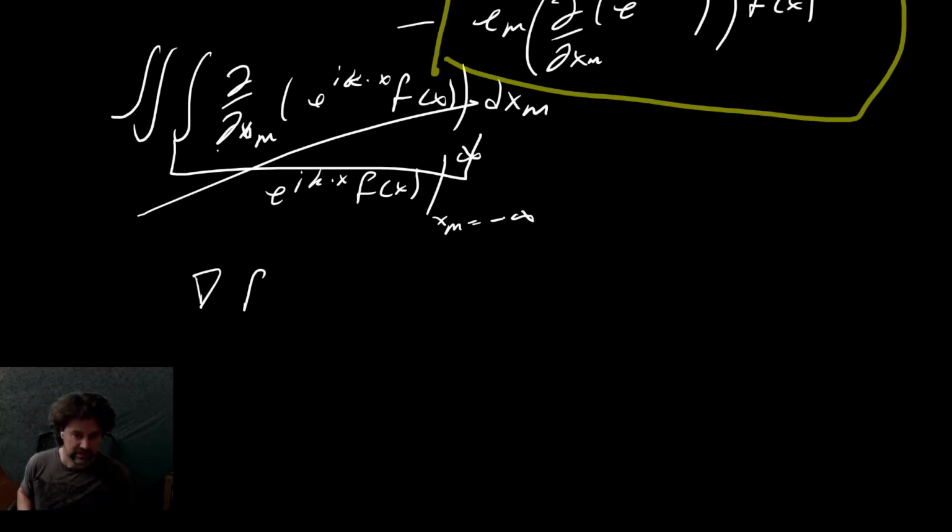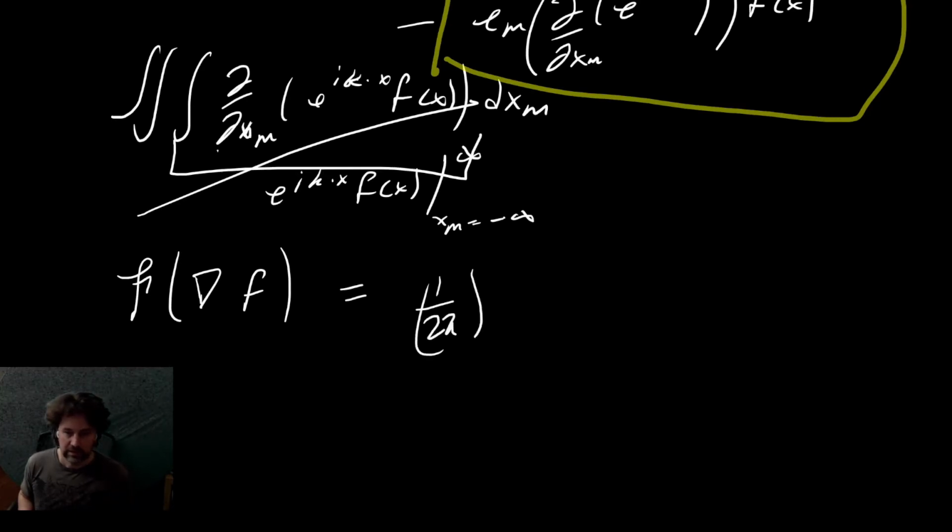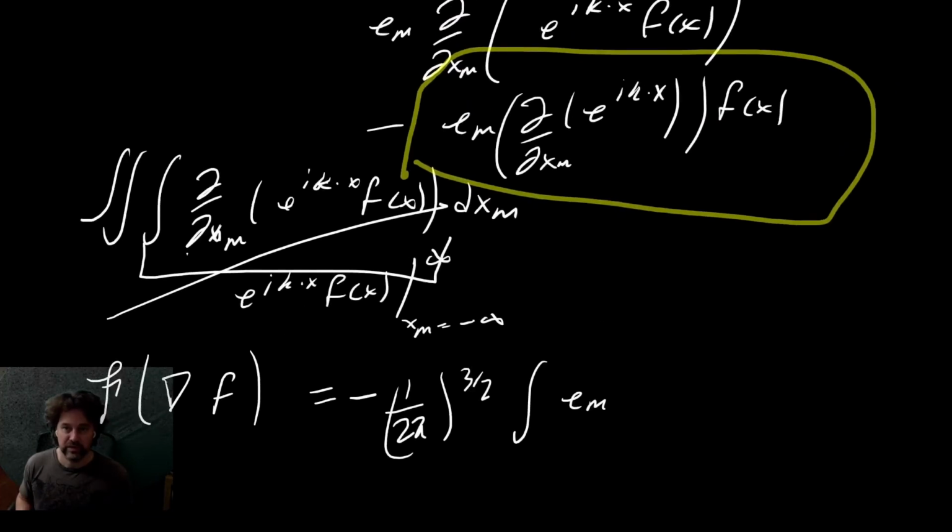The Fourier transform of grad f is 1 over 2 pi to the 3/2, minus the integral of e to the minus ik dot x, and if we take our derivative d/dx_m of ik·x, we will bring down the ik_m term, times minus, or not minus, plus.